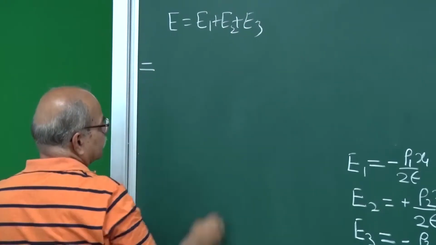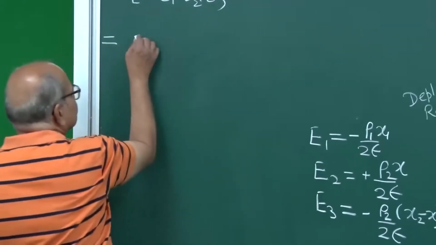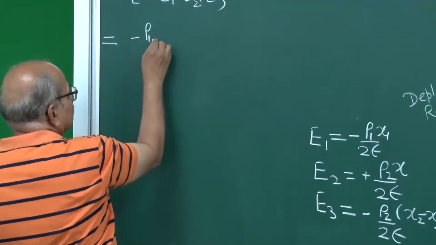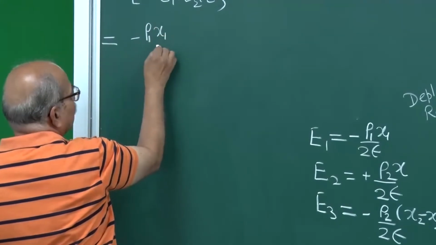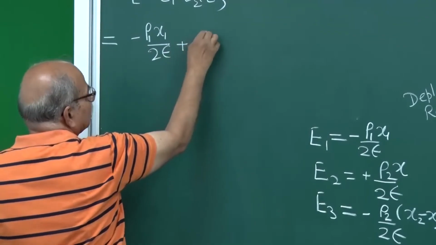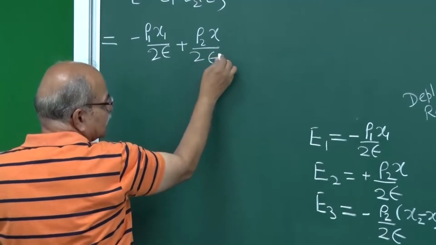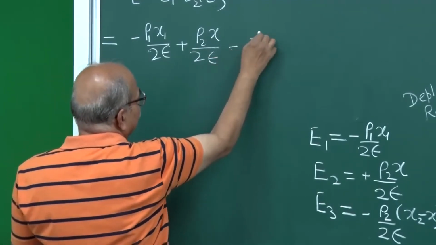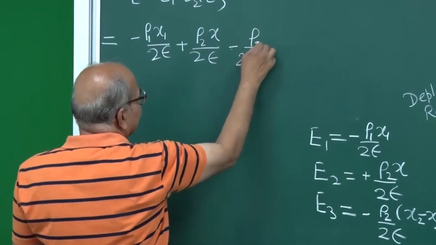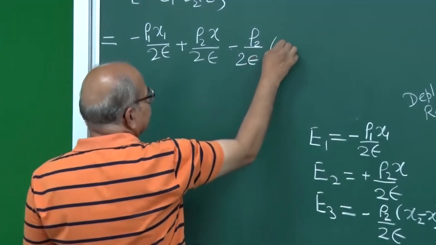and that is minus rho 1 x1 over 2 epsilon naught plus rho 2 x over 2 epsilon naught, and then minus rho 2 over epsilon times x2 minus x.